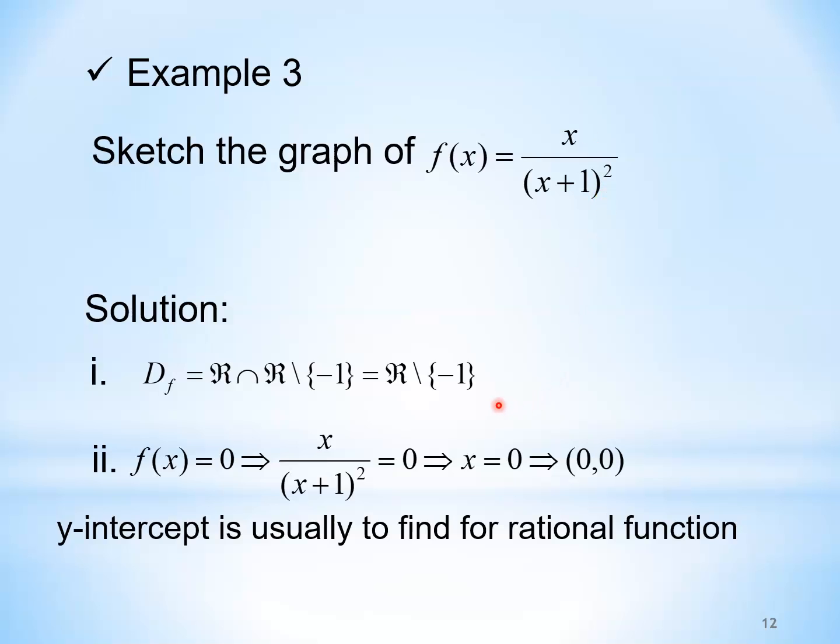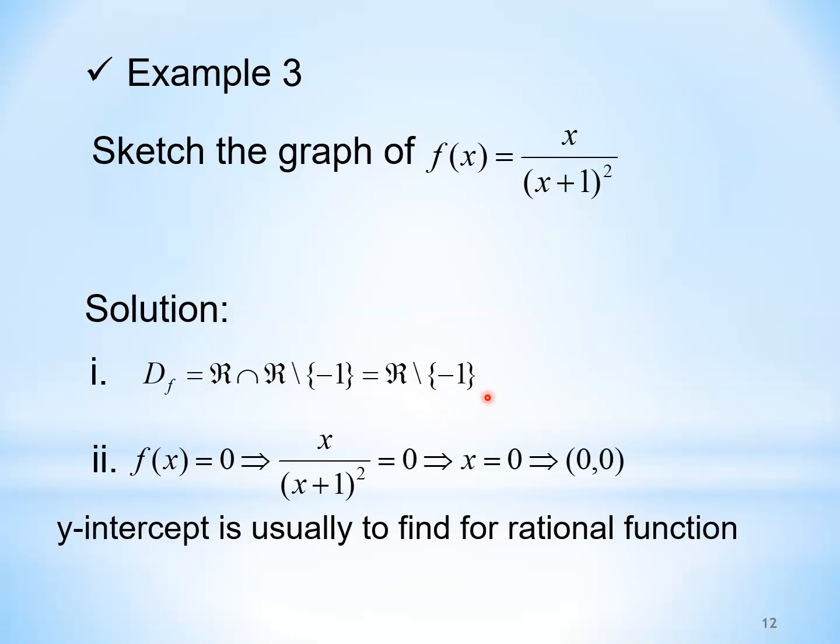First, the solution: you need to find the domain. The domain for this function is R, the real numbers, but not including -1. For all real numbers, the domain is all real numbers except -1. That means here. Not including -1.